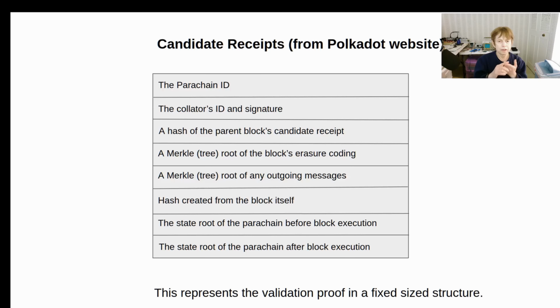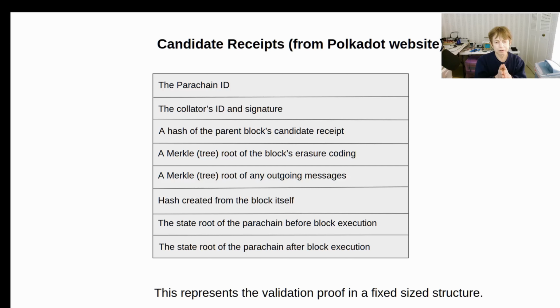It does so by using either hashes or numbers. The parachain ID is a number, then the collator's ID and signature, and the signature may be a hash. The hash of the parent block's candidate receipt. A Merkle tree root, which again is a fixed size. A Merkle tree root of any outgoing messages, again a fixed size. The hash from the block itself, again a fixed size.